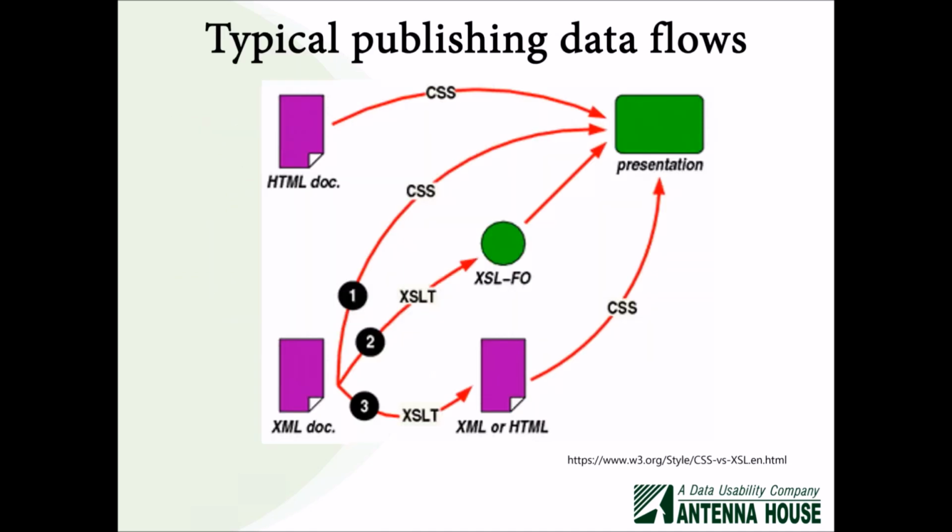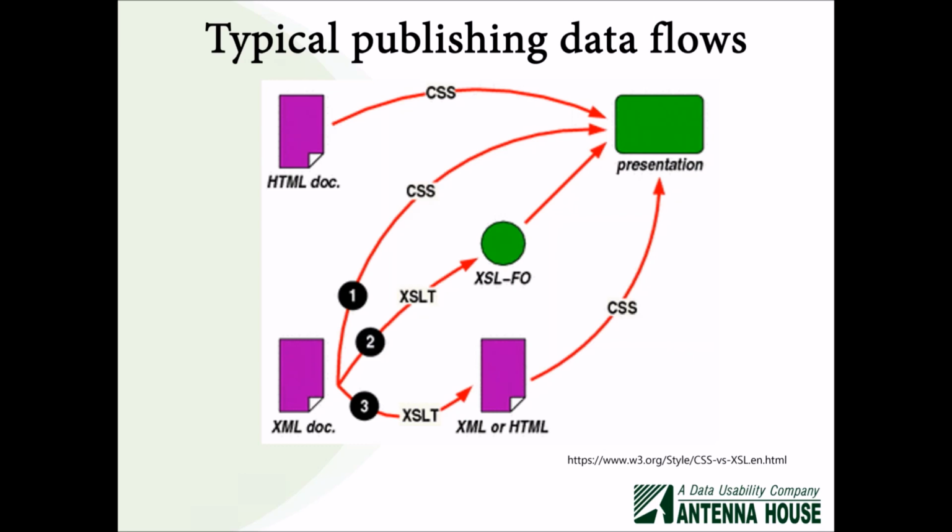This is from the W3C, this drawing here, but it shows a typical data flow. If I'm taking the XML documents using CSS, I can go straight to presentation. If I have an XML document, again, if I have a CSS rendering engine, I go to the output.